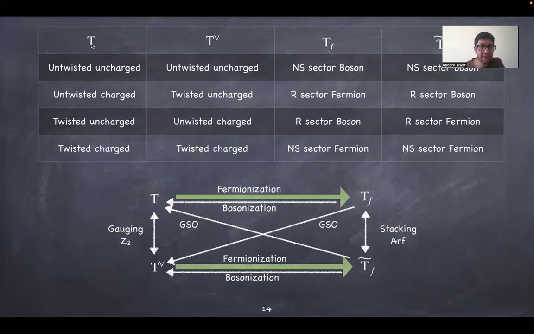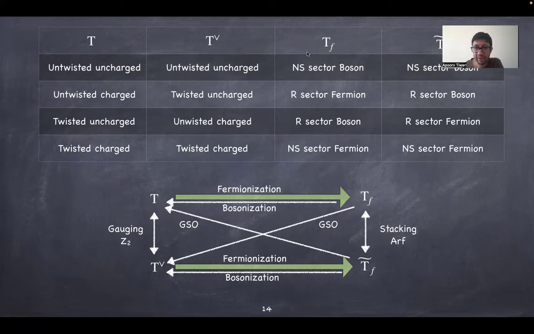To summarize, there are 4 theories that one can get by different kinds of gaugings. There's a Z2 gauging, which is just in the bosonic world, which maps sectors, essentially swapping charged and twisted sectors. And then we can fermionize this theory by stacking with R, gauging some diagonal of P and π, and identifying the fermion parity to be πη.